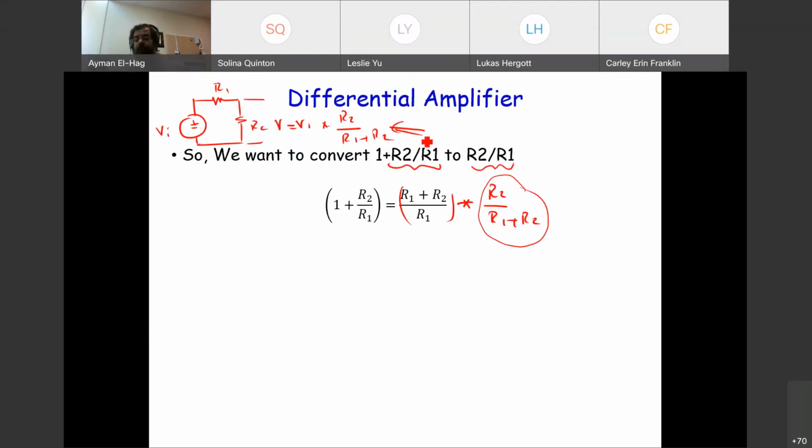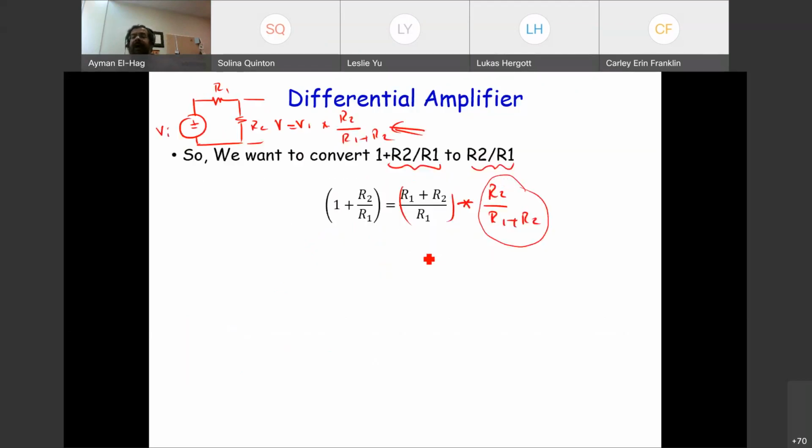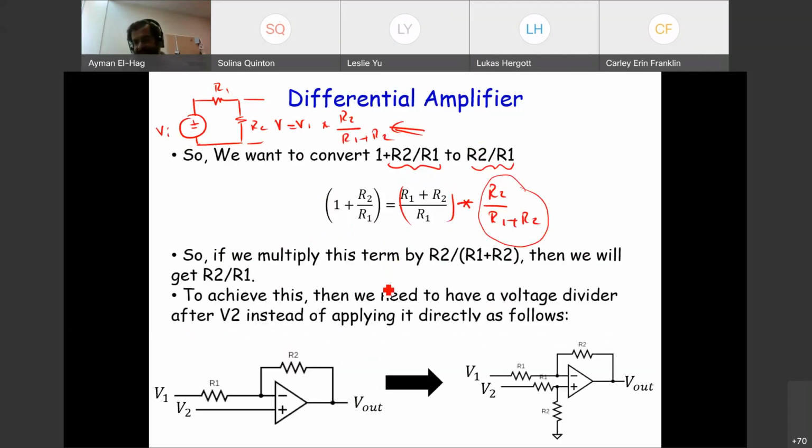So if we introduce between this input and the amplifier a voltage divider, then our problem is solved.